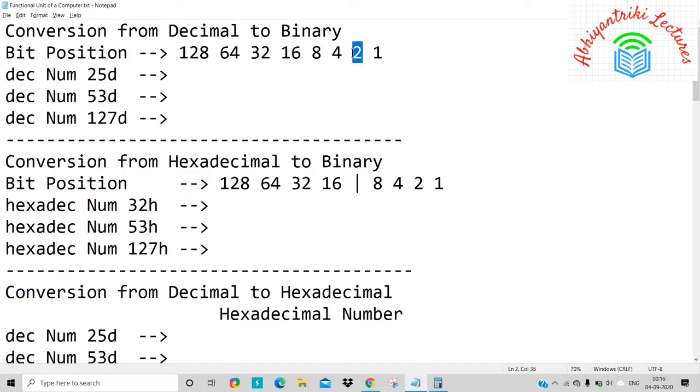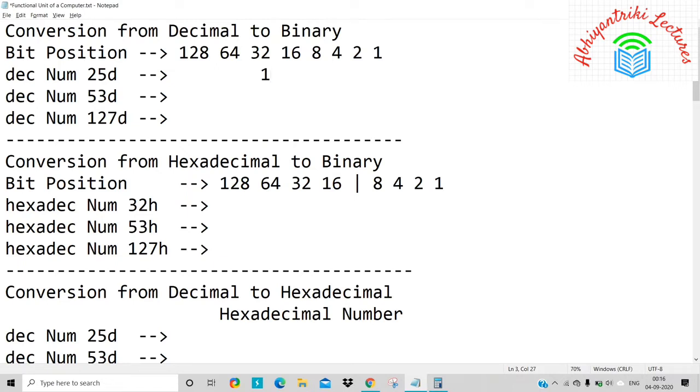So next, here is the decimal number 25D. How do you convert this decimal number to binary? Wherever you see these decimal numbers, there you put 1. If you see 32, I cannot put 1 here because 32 is greater than 25, so I cannot put 1 under 32.